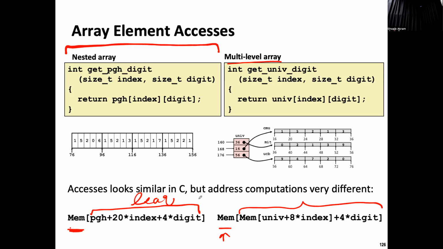So you need to grab the pointer first, then do your remaining address computation, and then do the memory reference again to get the value. Okay. The power of multi-level arrays is that each of these arrays could be variable width, variable in size, but you pay a price. Memory references have a cost. We try to minimize memory references as much as possible.